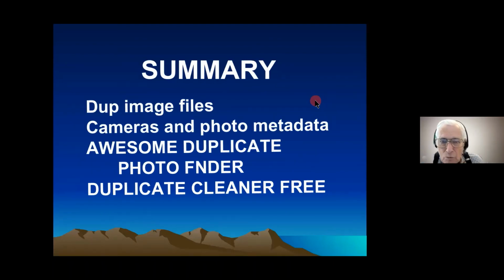We were looking for duplicate image files this time, and this is the fourth of our series of searching for files on your computer. We talked about cameras, and that photos all have metadata, but you've got to have that set right. If you haven't set it right in your camera, check it every little while before you start taking a bunch of pictures, because then it'll have exactly the right time and setting on it.